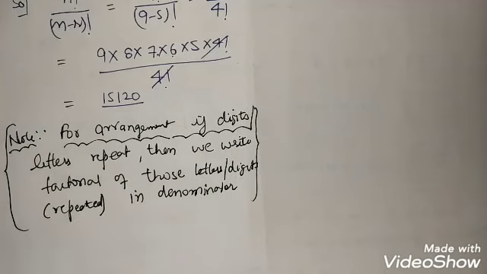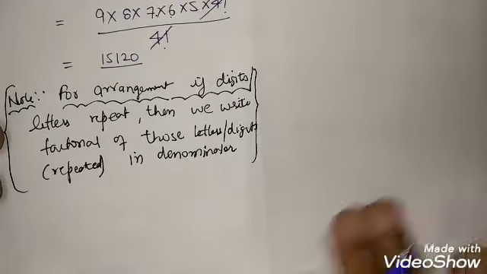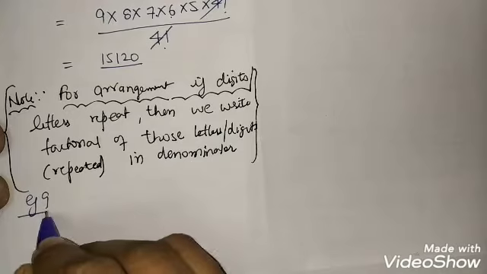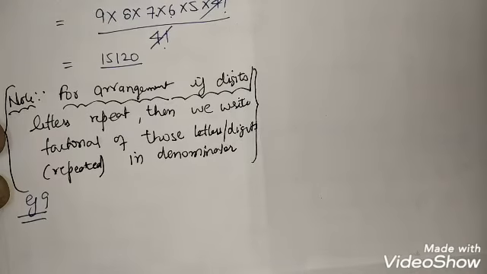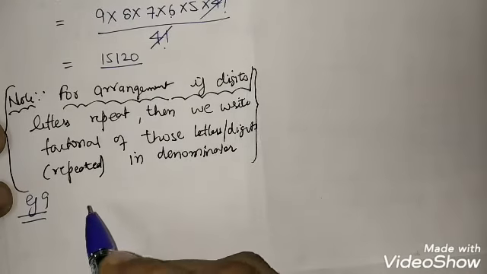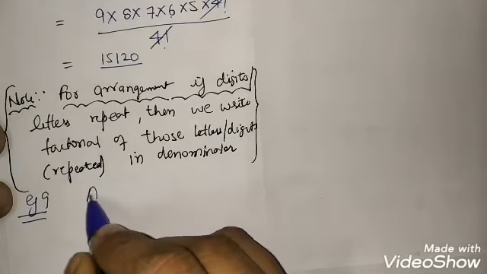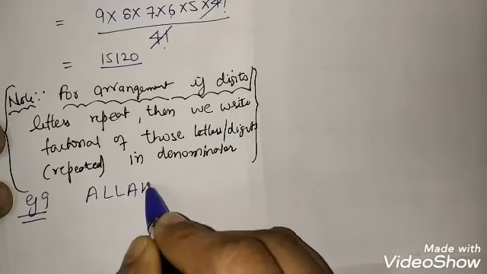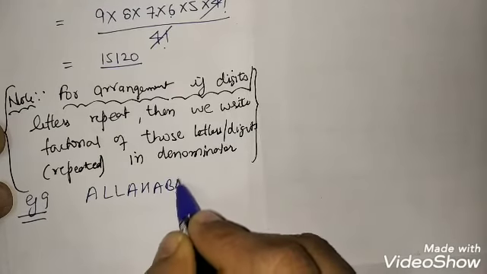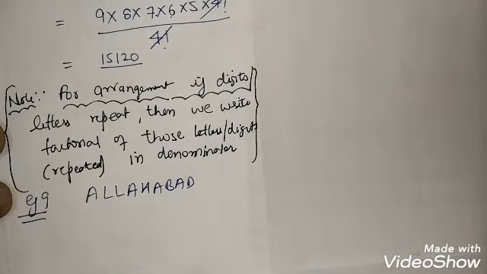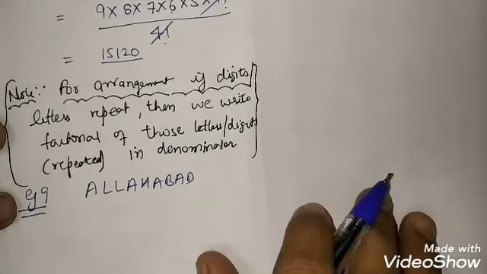See, example number 9 of NCERT. What it says: find the number of permutations of the letters of Allahabad, A-L-L-A-H-A-B-A-D. We have to find the number of permutations.